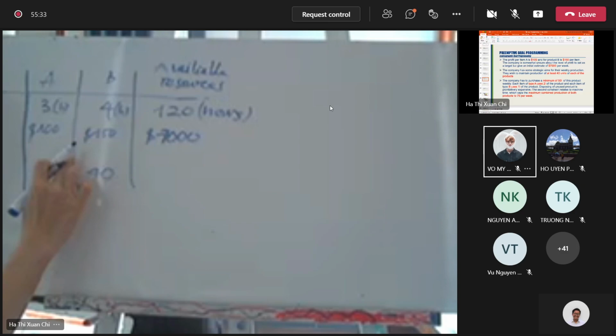Here you have 2 liters and 1 liter, with the available minimum.